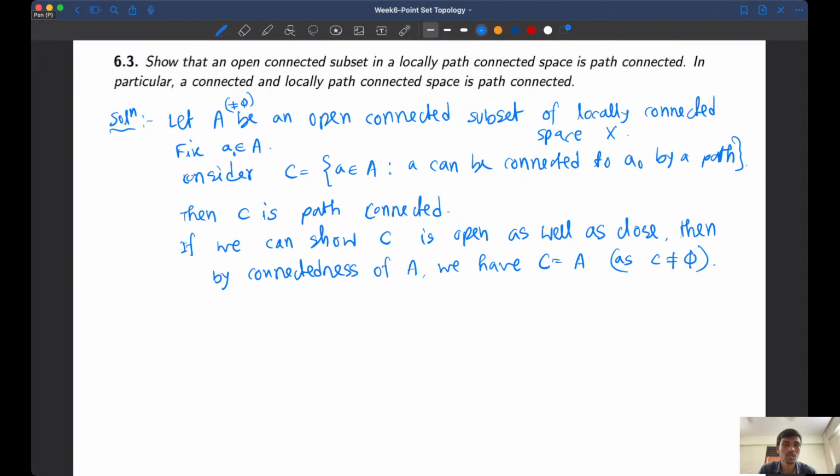In a connected topological space, the only non-empty set which can be both open and closed is the whole space itself. So that's why C is equal to A, hence A is path connected. Okay, now first, let's show C is open.